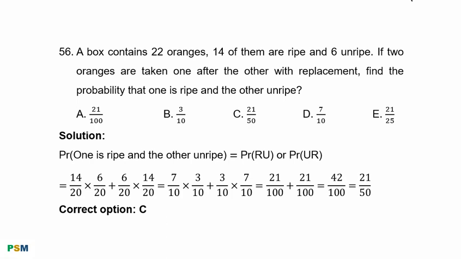Question 56. A box contains 22 oranges. 14 of them are ripe and 6 unripe. If 2 oranges are taken one after the other with replacement, in this condition, the total is not affected.